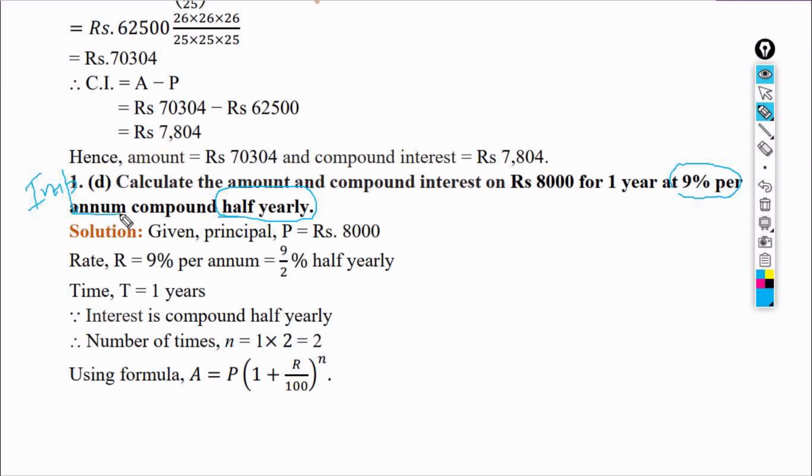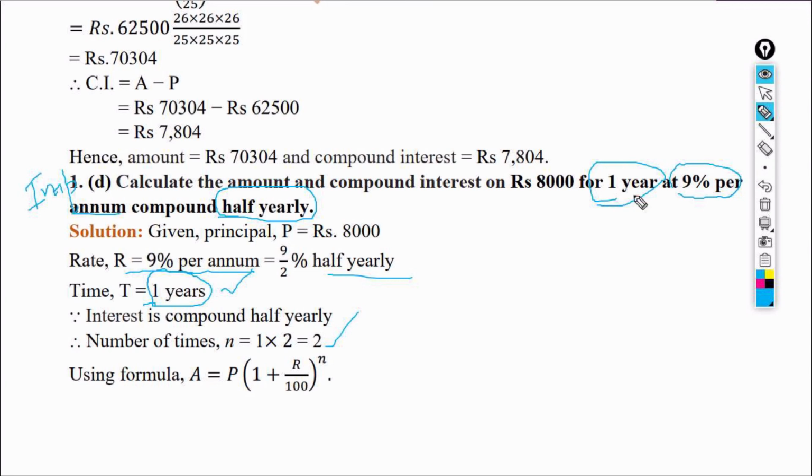Then write down the rate equal to 9% per annum. When you have to change to half yearly, it is 9 by 2%. And here it is given for 1 year, but number of times equal to 2. Why? In a year, 2 half years are there.